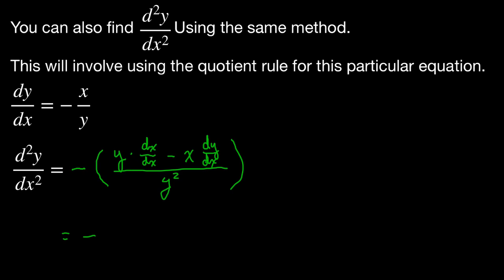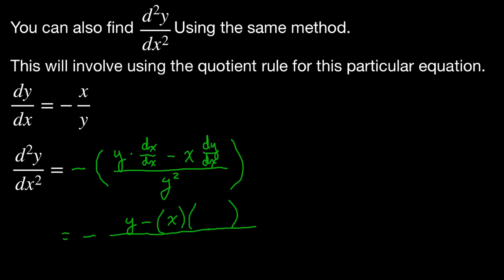So the dx is just 1, so you're going to get 1 times y, which is y, minus x times, now dy/dx we know from up here is equal to negative x over y.